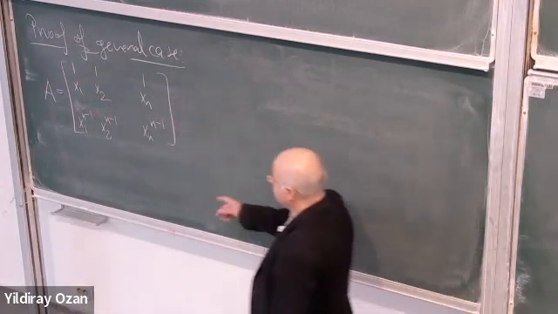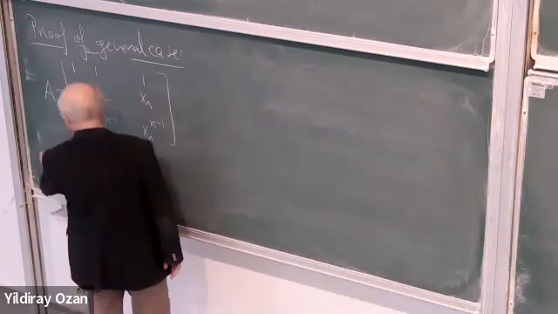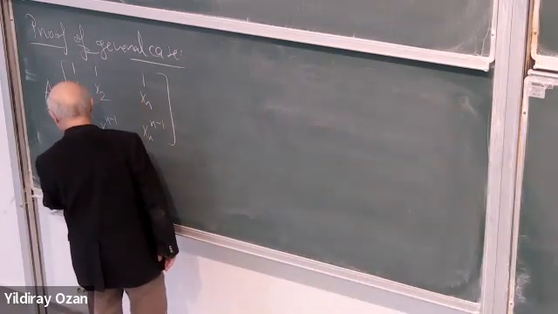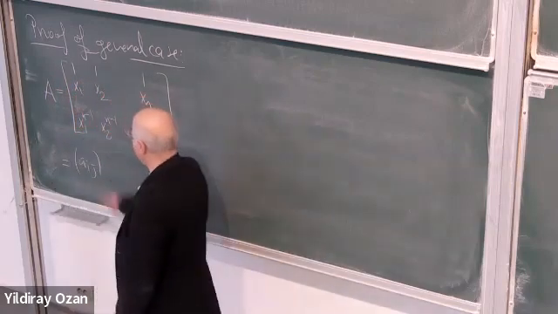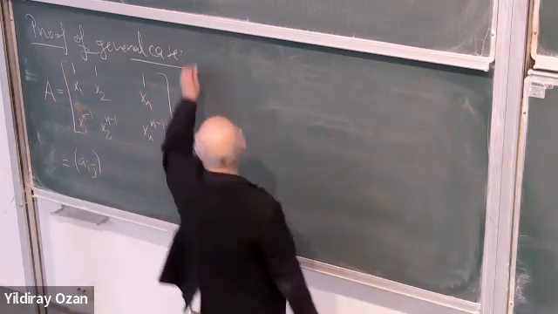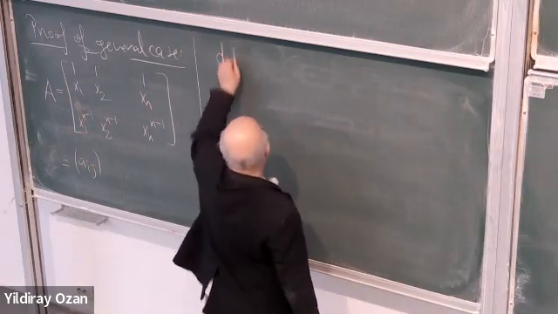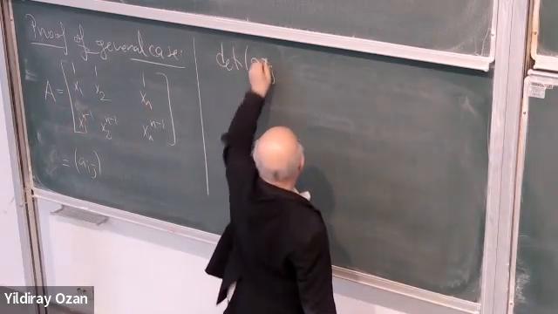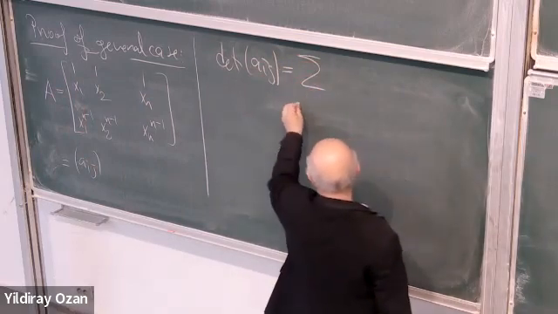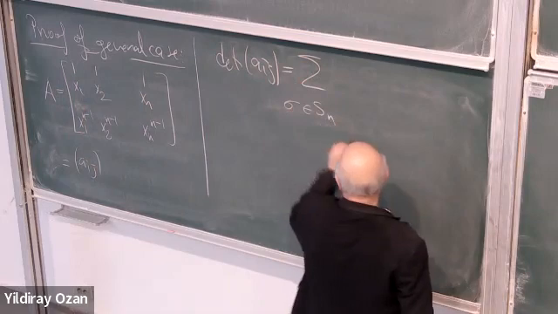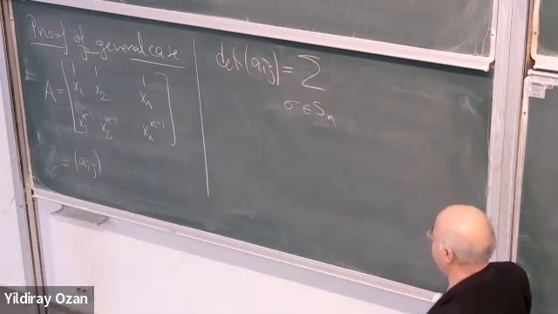Okay, now what is the determinant of this? Now, if A was this, let's say A_ij, okay, then what is the determinant? The determinant of A_ij is something like a summation over all permutations.